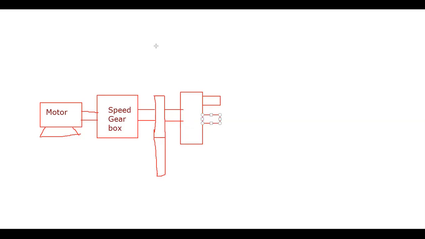Okay, and the chuck is used to hold our job basically. Okay, so this is the chuck, and through this chuck we are holding our job, and it will be like this.